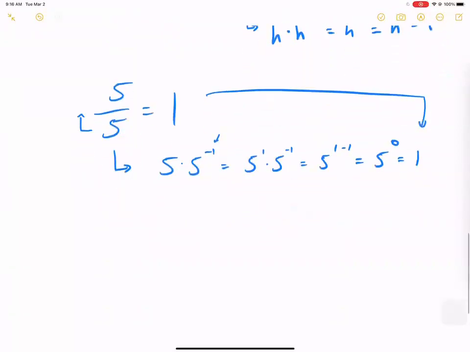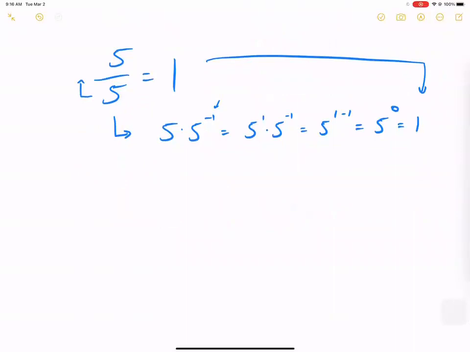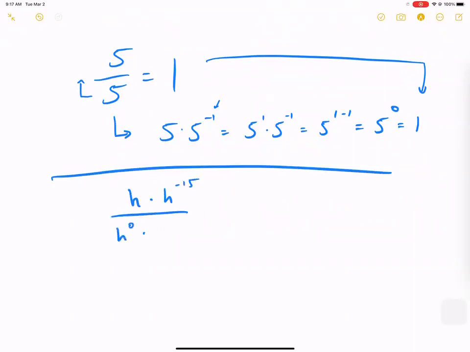Now let's take a look at this slightly more complicated looking one. H times h to the negative 15 over h to the 0 times h to the 5th power. Okay, looking here, which of these can we kind of get rid of already?